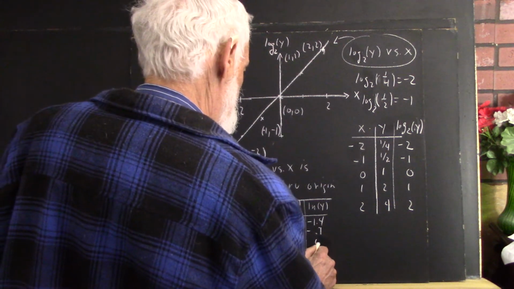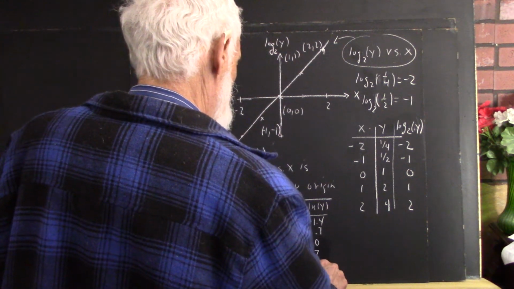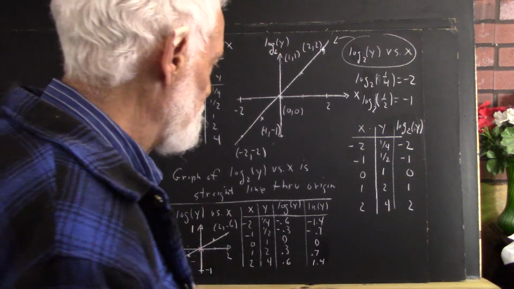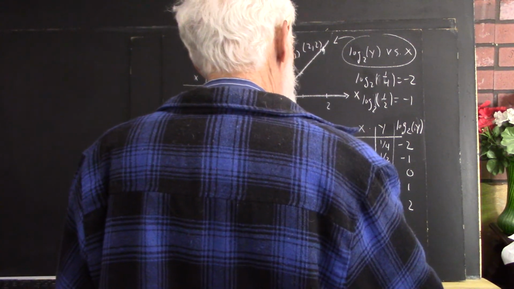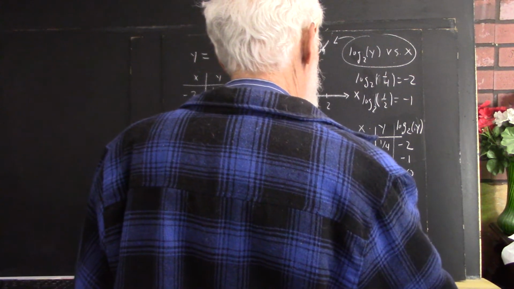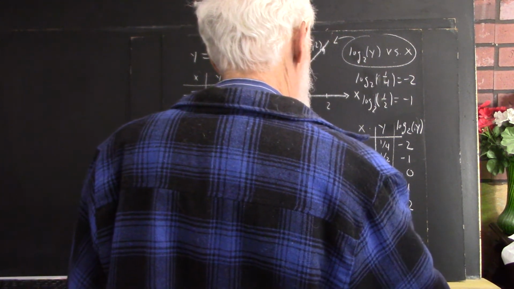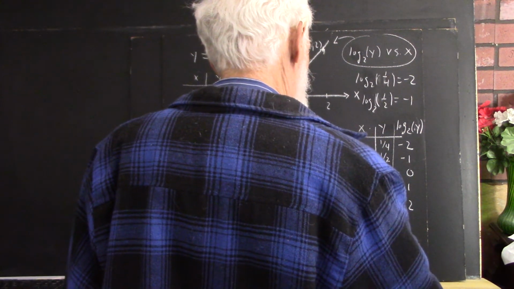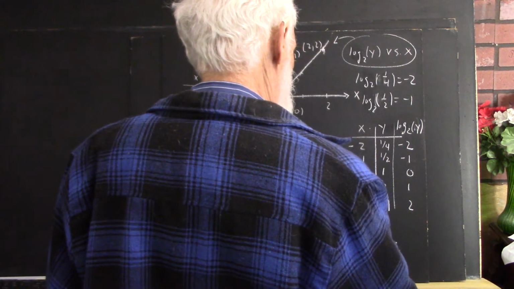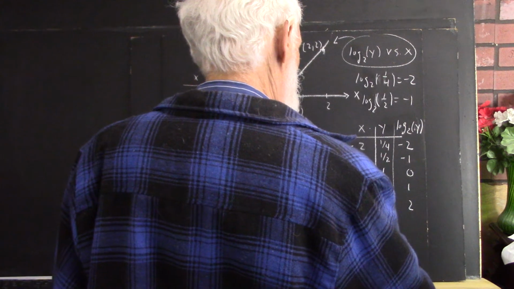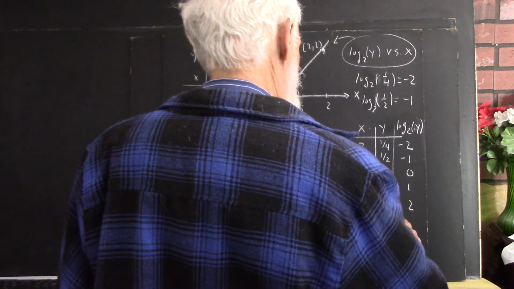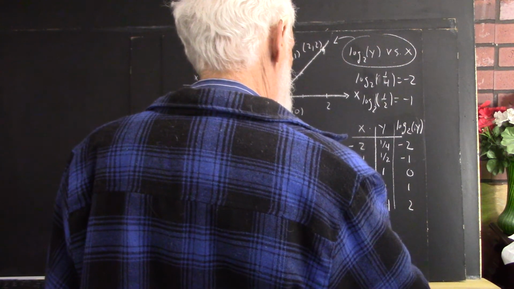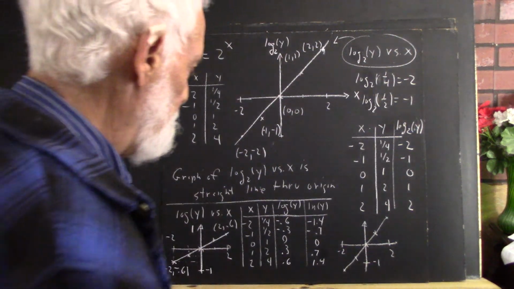And if I was to graph natural log of y versus x, I have negative 1 here, then negative 1.4 would be about here, 0, 0 would be about here, 1.4 would be about here, and all my points would again lie on a straight line.